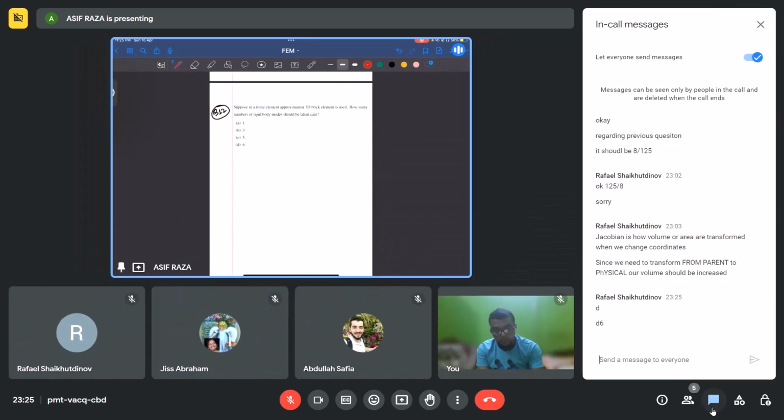Yeah, so the answer is option D, 6, and the modes are all the translations ux, uy, uz and rotations about all the three axes, theta x, theta y, theta z. So it's a total of 6 degrees of freedom.